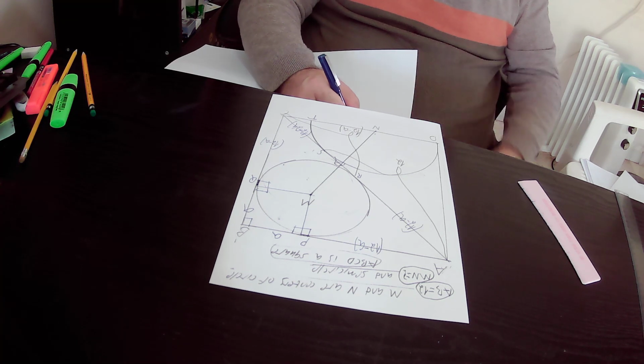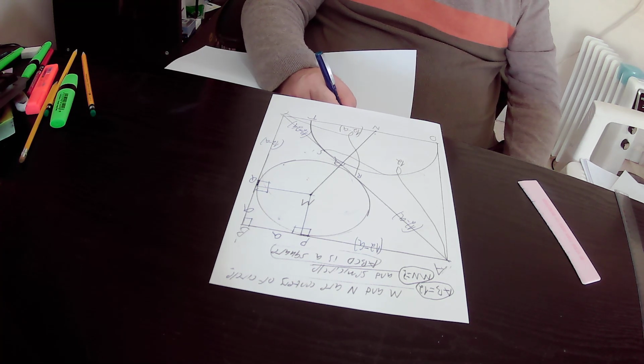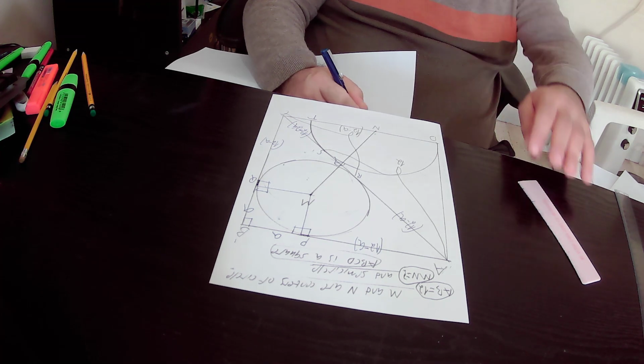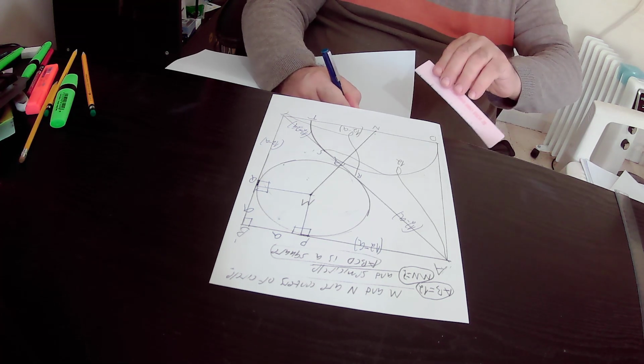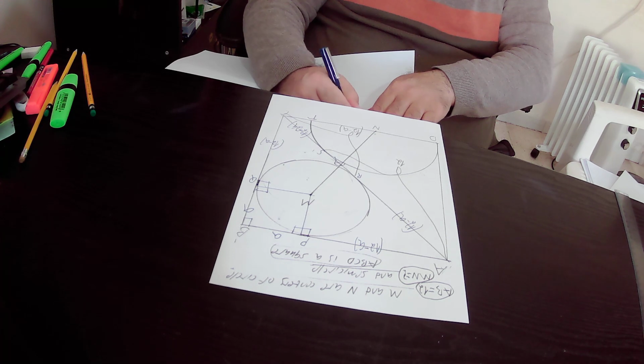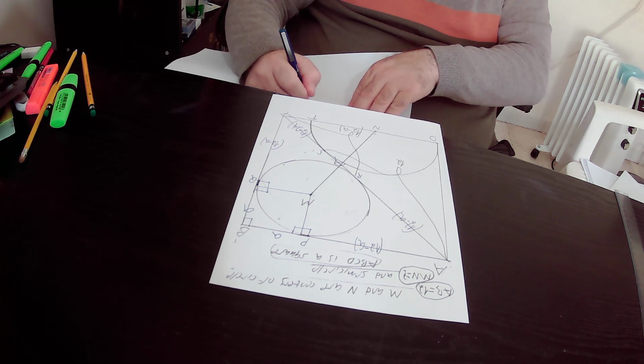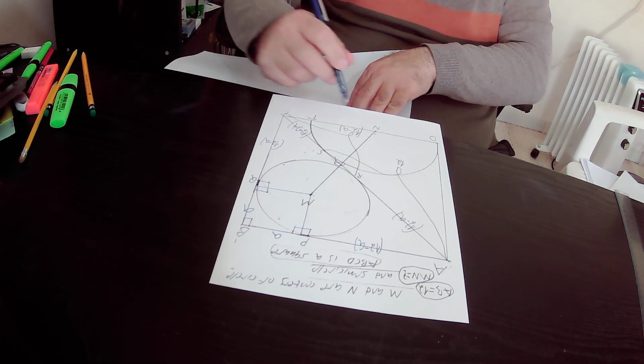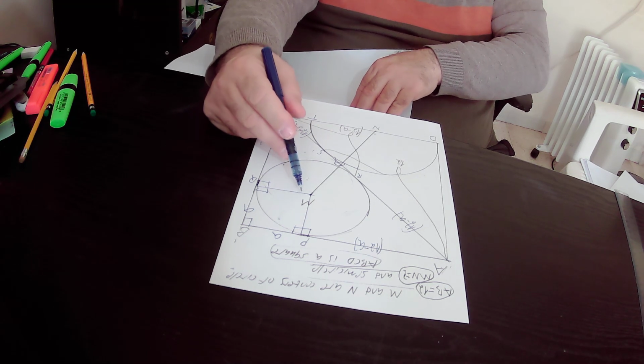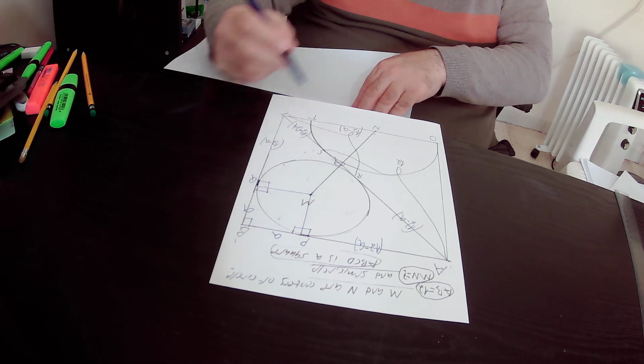So 270 degrees plus the size of the fourth angle, that is actually angle PMQ.